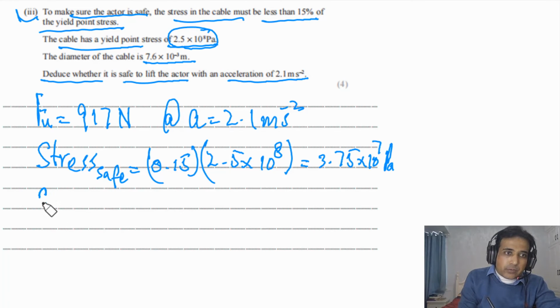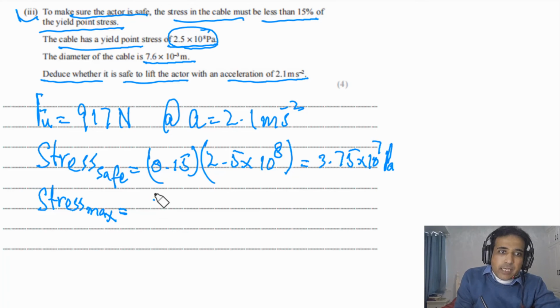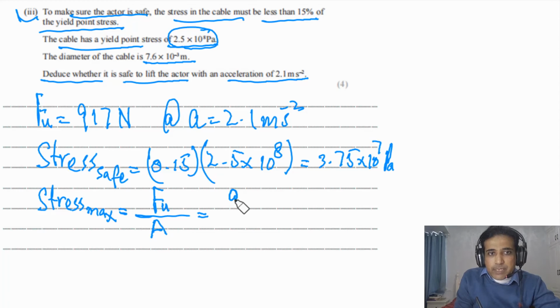Now we can find the maximum value of stress. The stress maximum in the string has to be equal to the pulling force divided by the cross-sectional area of the string. The value of force we have, that is 917 newtons, and the value of A we can find, that will be equal to pi by 4 d squared.